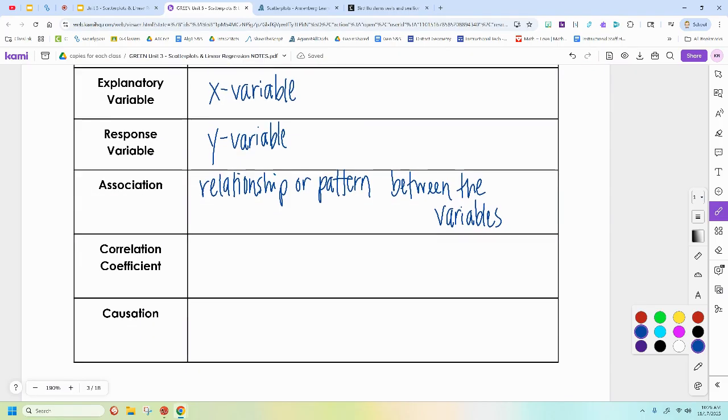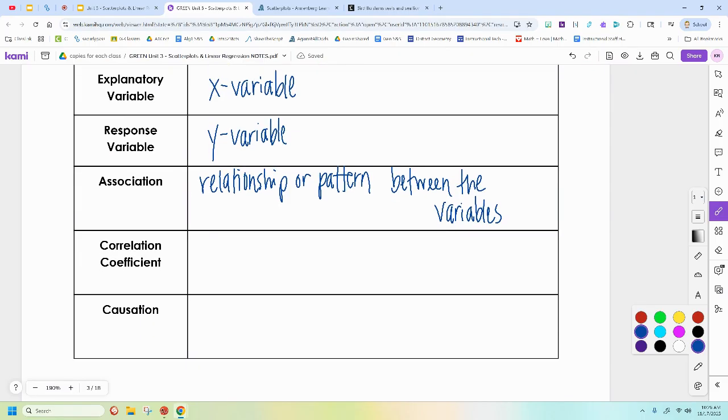And then because we're mathematicians and statisticians, we need numbers to tell us how strong things are. Like, yes, we can make a visual observation, but is it stronger than a different association? Is it weaker? So then we calculate something called the correlation coefficient, and it's the variable r, lowercase r, not an uppercase R. And it's just like slope is a number that describes steepness.